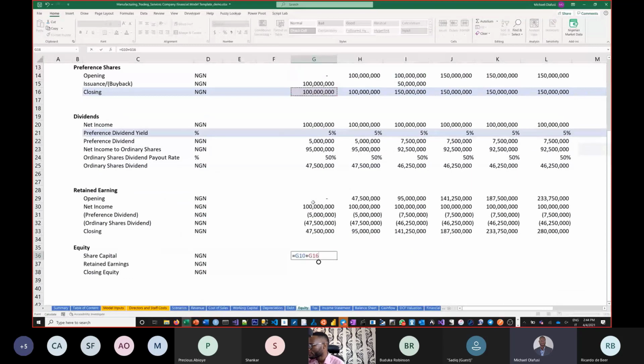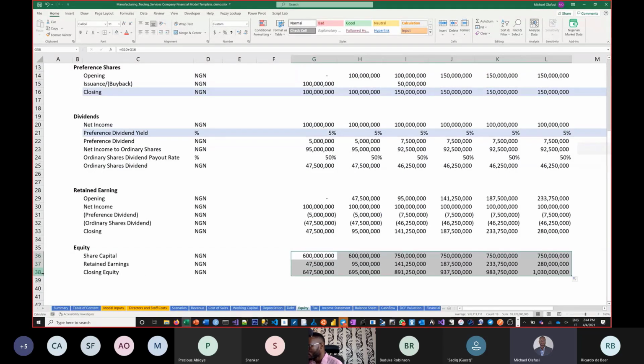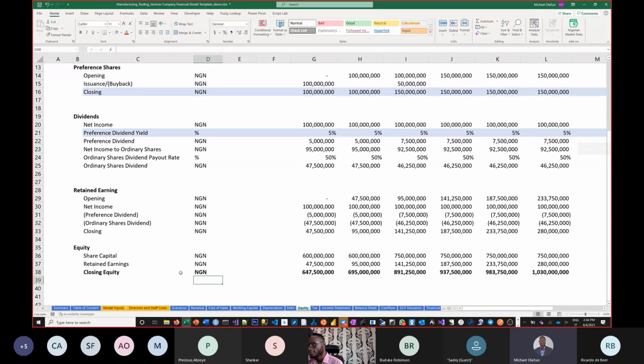That's our share capital. And then the retained earning is the closing value of retained earning. And then the closing equity in a simple company is going to be just the summation of these two, right? So I can just drag all of this, and you find out how in a company the equity can grow and how it is computed, right? So this is that equity line.